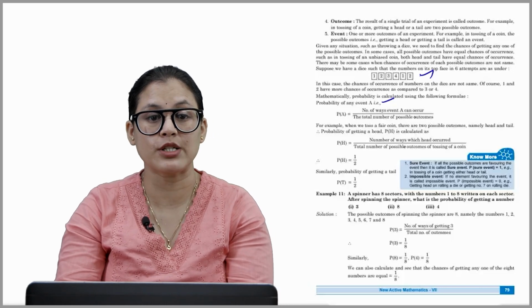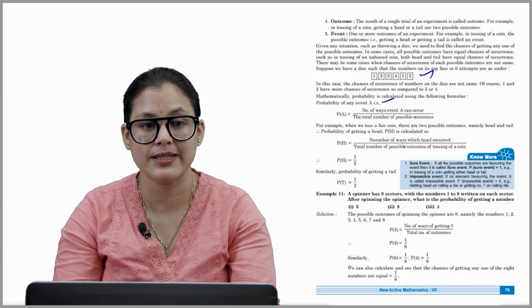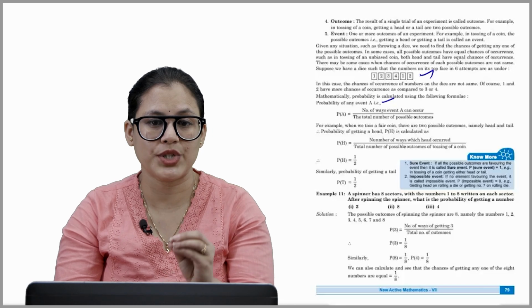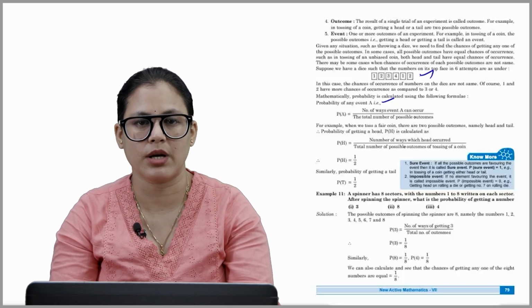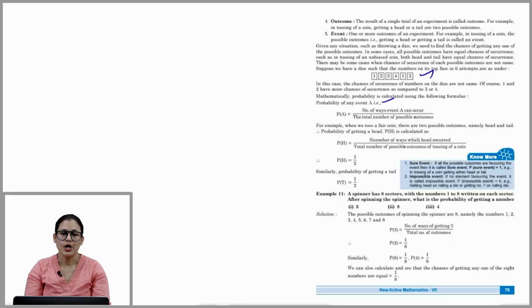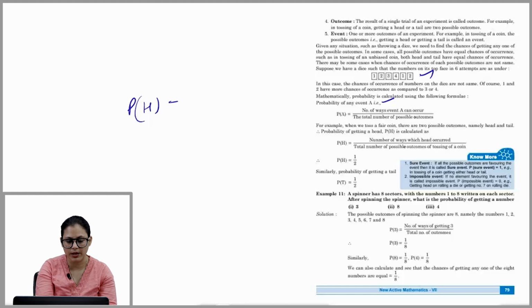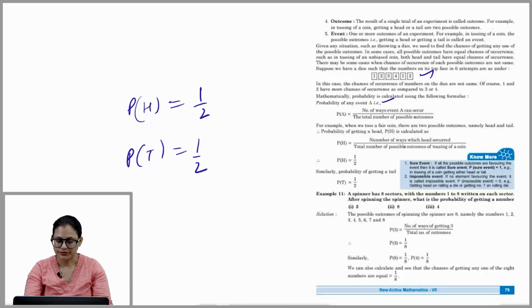So the probability of getting a head is calculated as the number of ways head can occur, which is only one time, upon the total number of possible outcomes of tossing a coin, 2. So the probability of getting a head is 1 by 2. And the probability of getting a tail is 1 by 2, right?